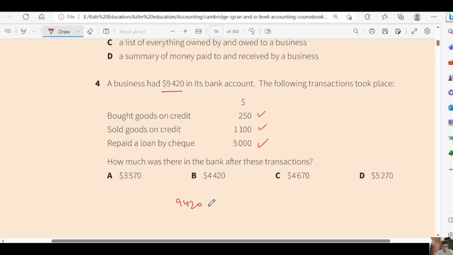Bought goods on credit, so this will not go anywhere. Sold goods on credit, this will also not affect. These two items will not affect the bank amount. Repaid loan by check, so only this will affect. So is it 4,420? B.